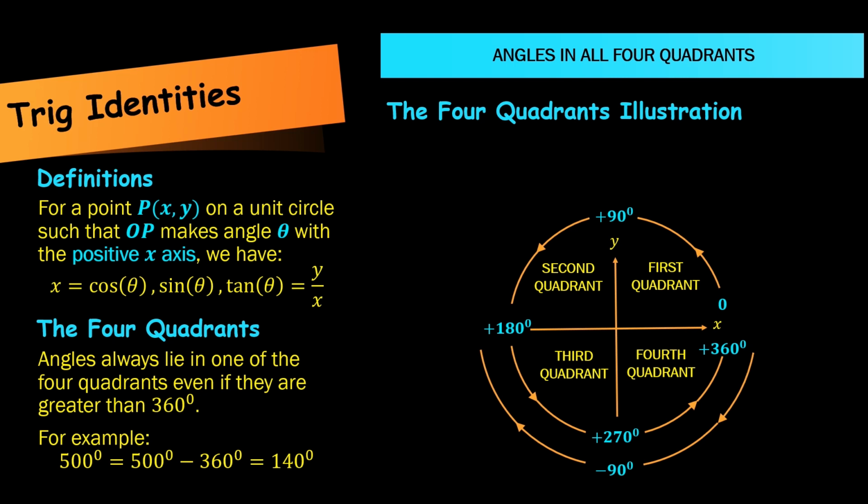And we're in the third quadrant from minus 90 degrees to minus 180 degrees. In the second quadrant, from minus 180 to minus 270. And finally, from minus 270 to minus 360, or 0 degrees, we're back in the first quadrant.